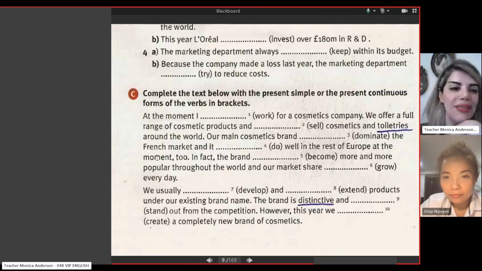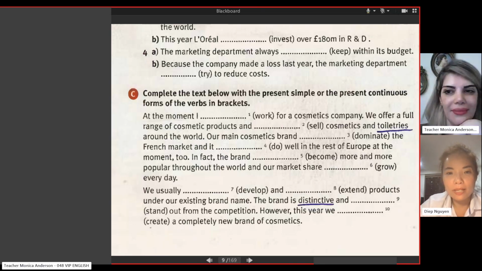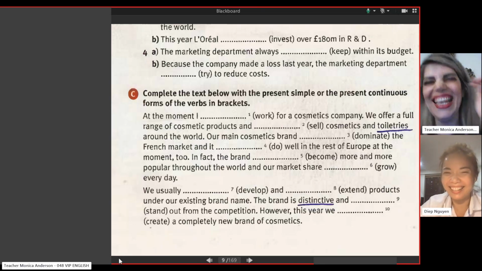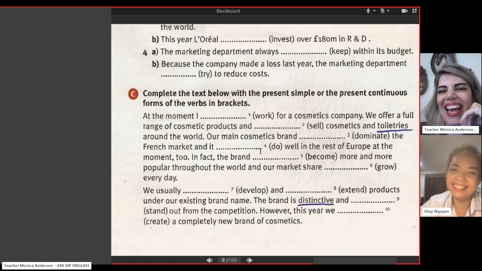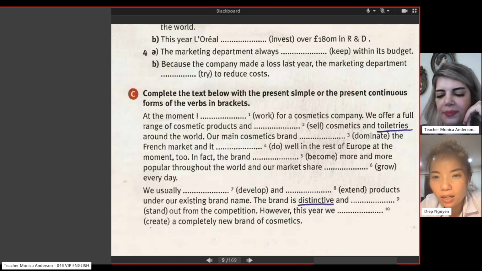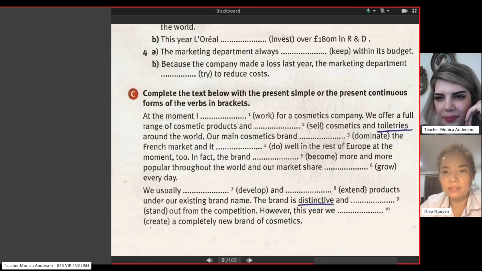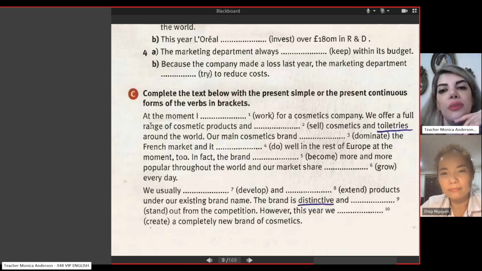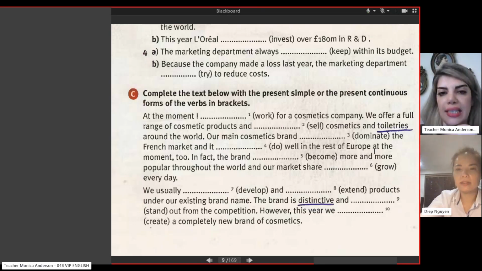At the moment, I'm working for Sweetie. And we offer a full range of commodity products and sell cosmetics.